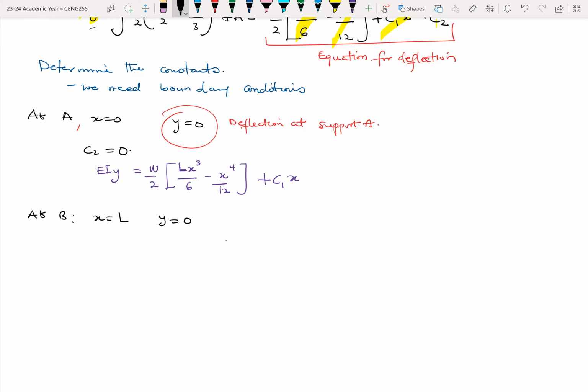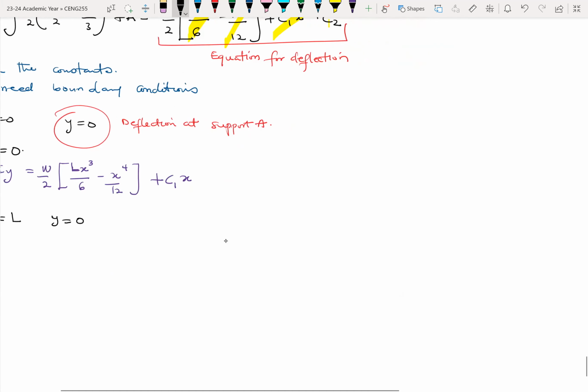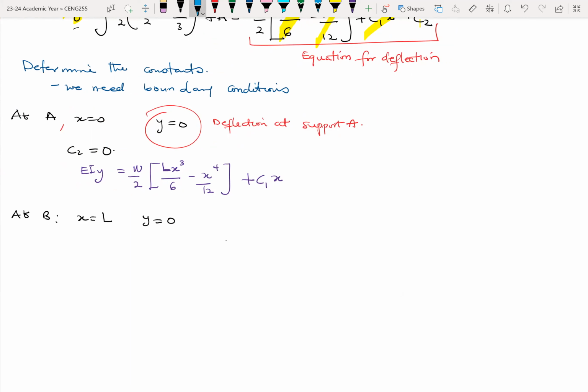So if you sub that into the new deflection equation, I'll have 0 is equal to W over 2, L4 over 6 minus L4 over 12 plus C1 times L. So here we can make C1 the subject.